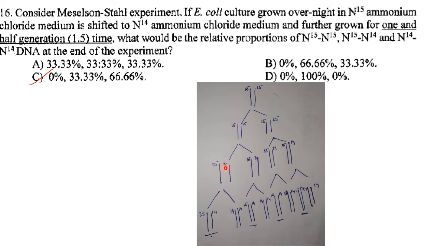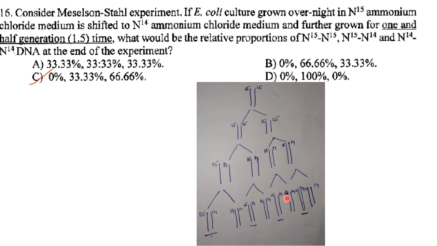So N14, N15, N15, N14, N15, N14, N15, N14. So then again you allow them to grow for the next generation. Then also you will get N15, N14, then N14, N14, N15, N14, N14, N14.